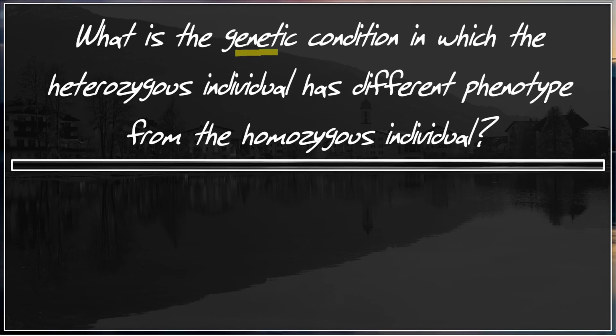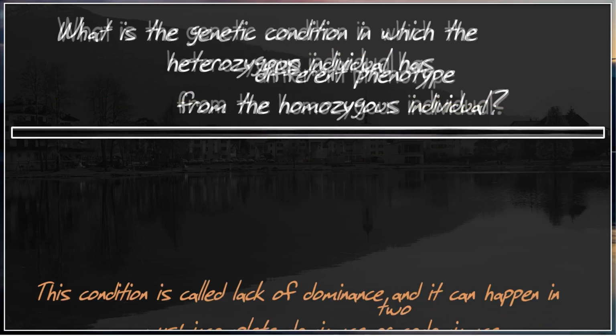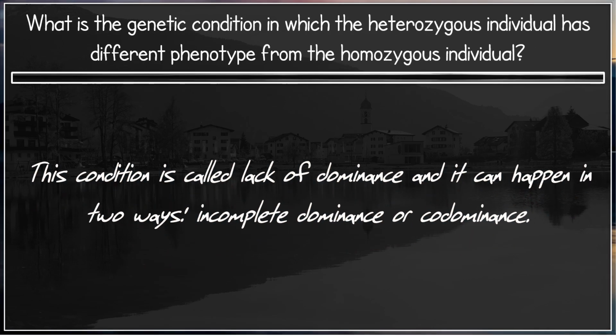What is the genetic condition in which heterozygous individuals have a different phenotype from the homozygous individual? The condition is called lack of dominance, and it can happen in two ways: incomplete dominance or codominance.